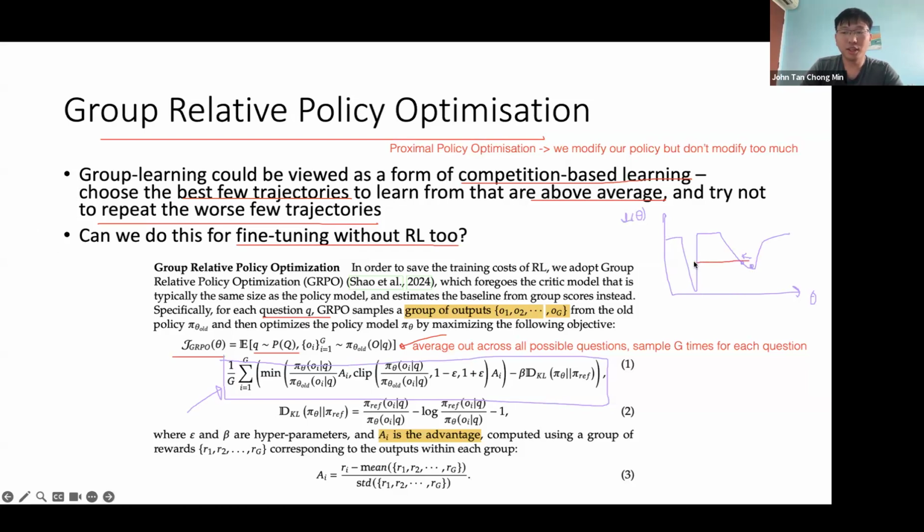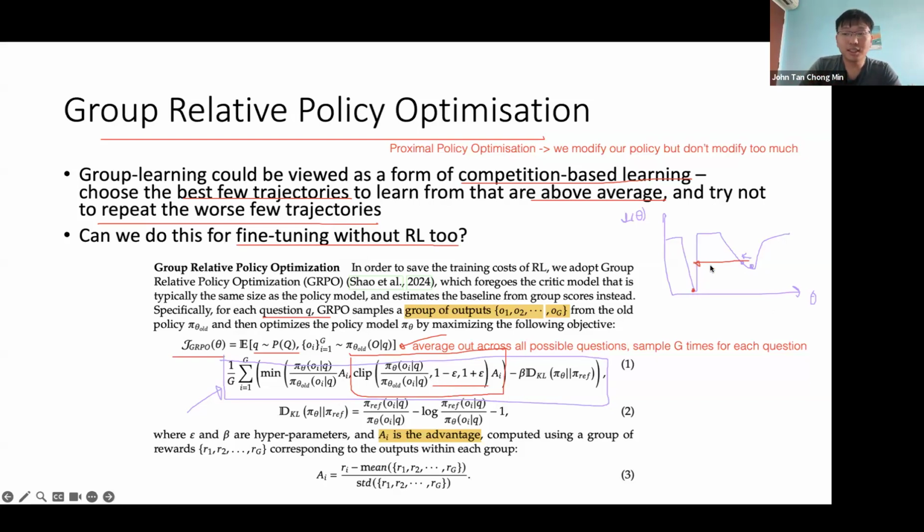But if you are going to a region that you're not too familiar with, you don't really want to go there because it's lower. You want to go slowly. So there's some clip, which means I don't go too much. Sorry, the clip is here. We want to limit the exploration of your landscape, subject to whether it is too much or too little.